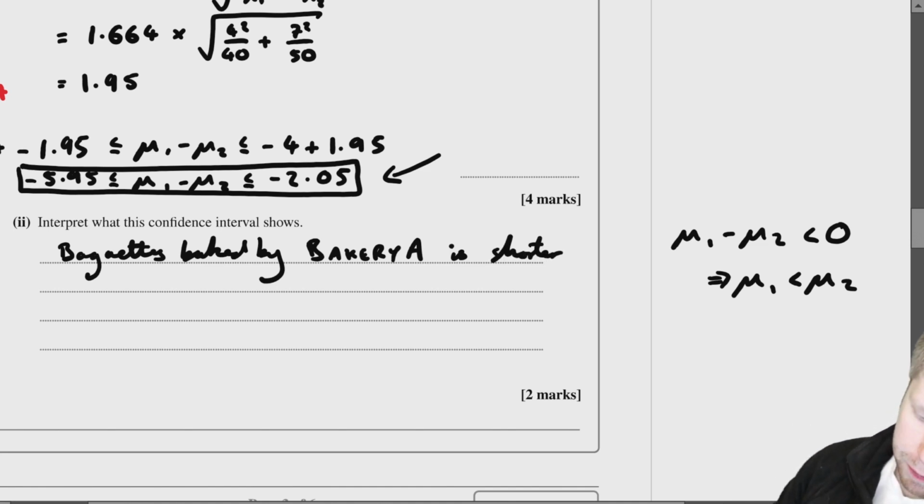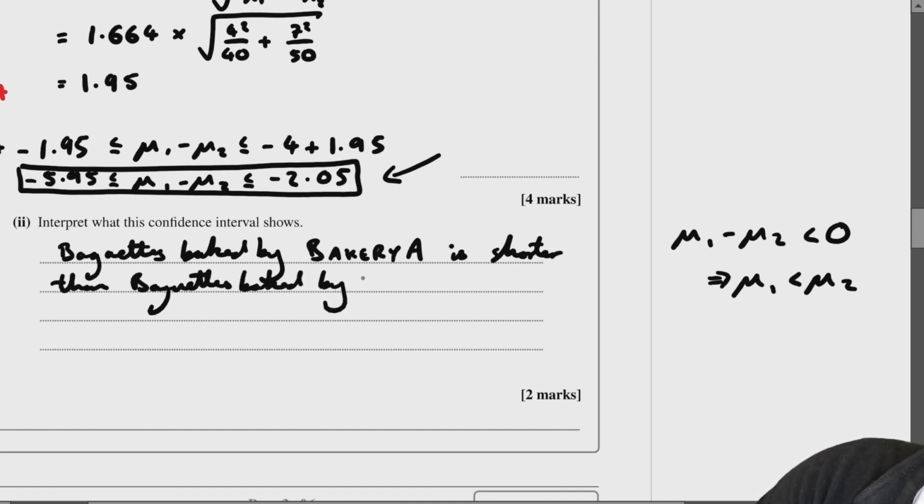Okay, so the baguettes baked by bakery A are shorter than the baguettes baked by bakery B. Now this is really important, the next part, at the 90% confidence level.